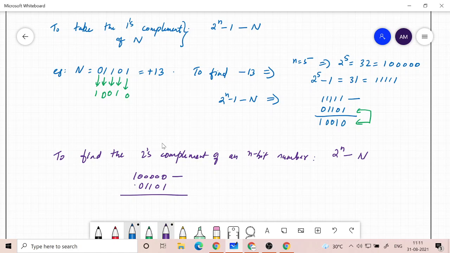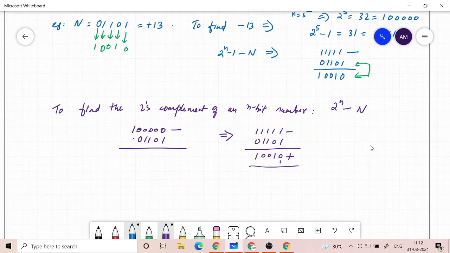We won't do that. Instead of that, we can say that subtract from 5 ones, you subtract this, and then you will get the 1's complement, which you can implement very easily, and then add 1 to it. Okay, find the 1's complement and add 1 to it.